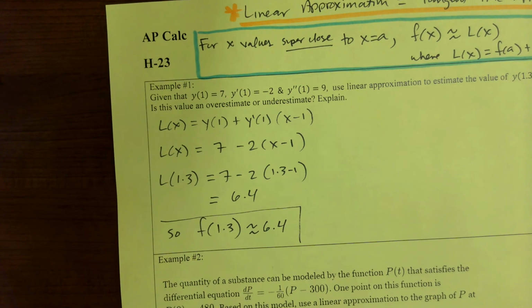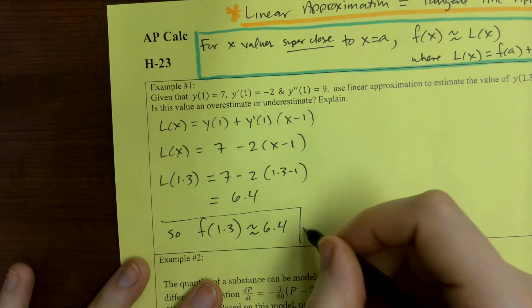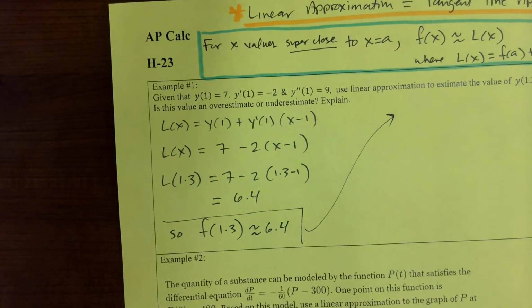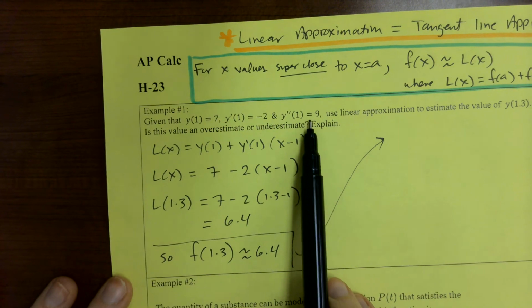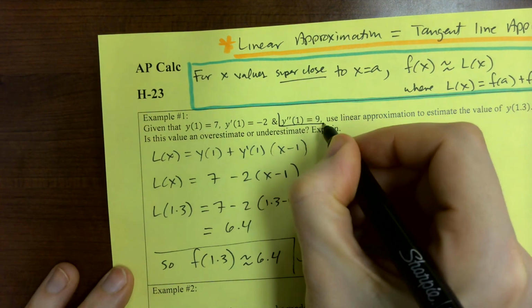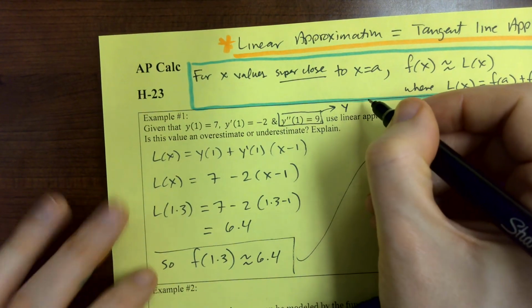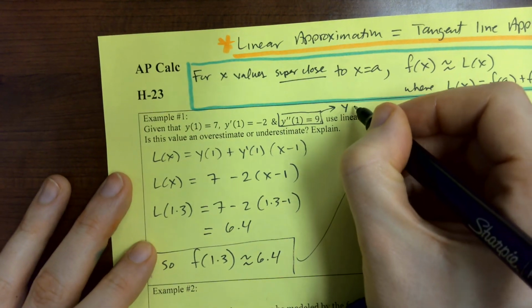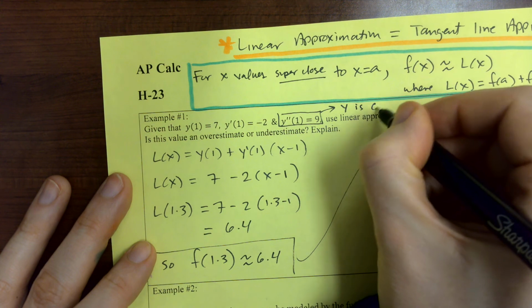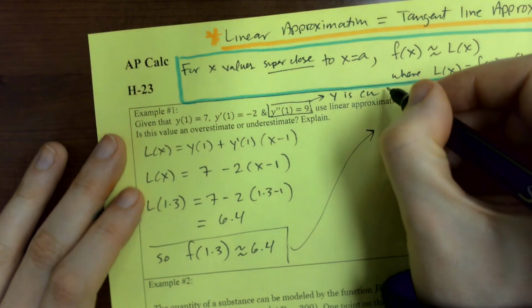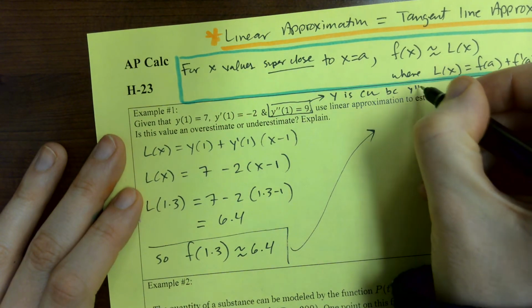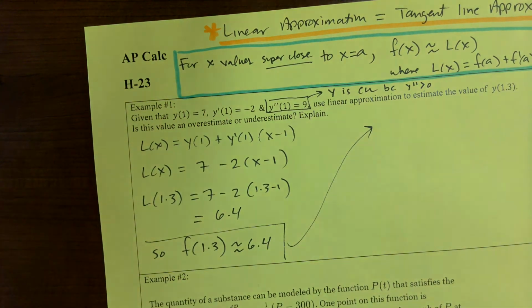Okay, now is this an over or underestimate? Explain. Well, guys, y double prime of 1 being 9 is telling us that y is concave up, because y double prime is greater than 0.